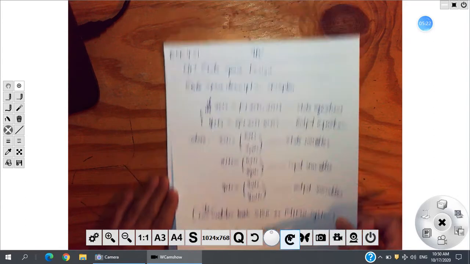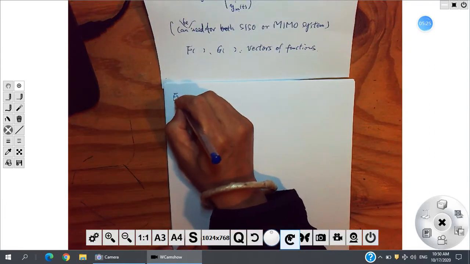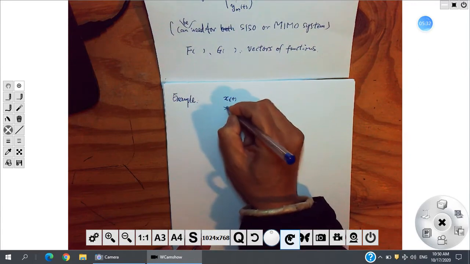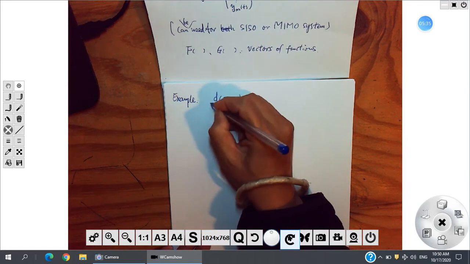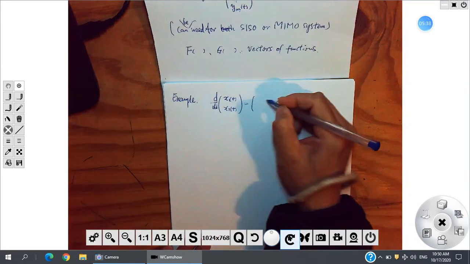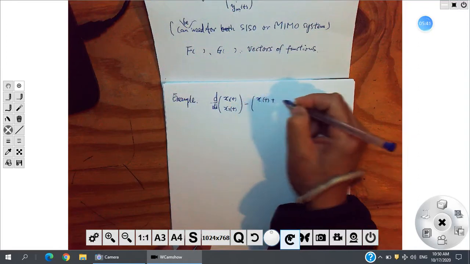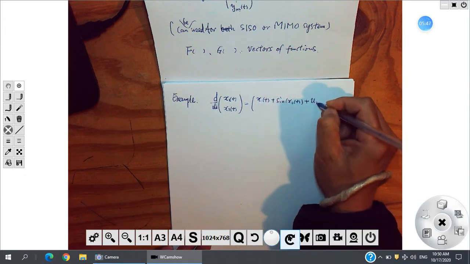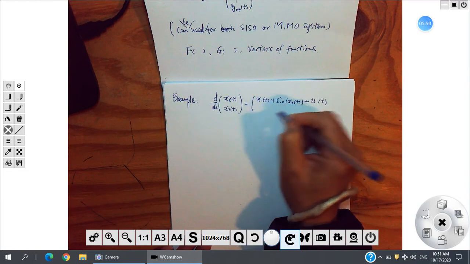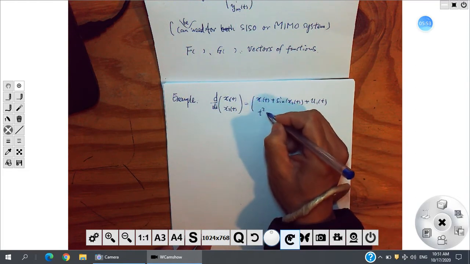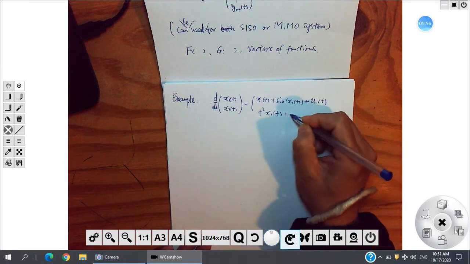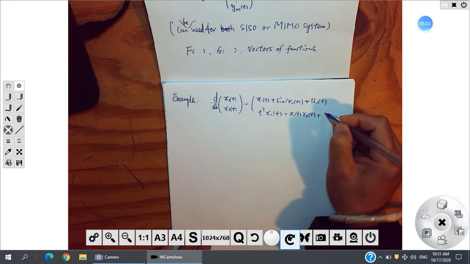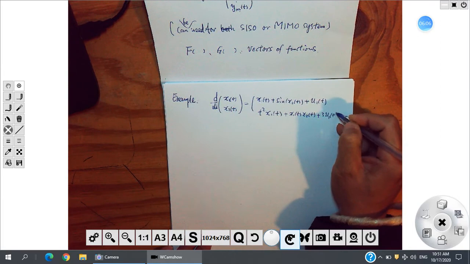We can have an example. Like x1 of t, x2 of t, take the derivative, equal to x1 of t plus sine of x2 of t plus u1 of t, and t squared times x1 of t plus x1 of t times x2 of t, plus 3 u1 of t minus u2 of t.